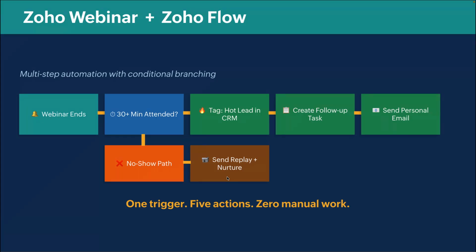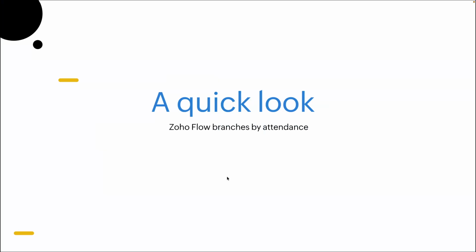If yes, tag as a hot lead in CRM, or create a follow-up task, or send a personalized email. And if there is a no-show, then send the person into a replay plus a nurture path. So one trigger will create multiple conditional actions. That can be done using Zoho Flow.